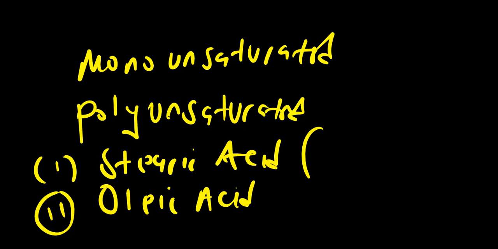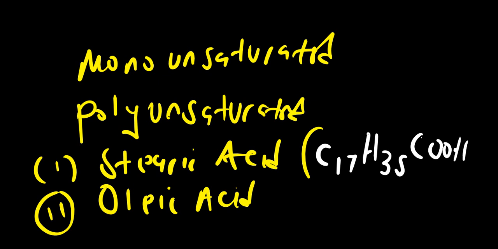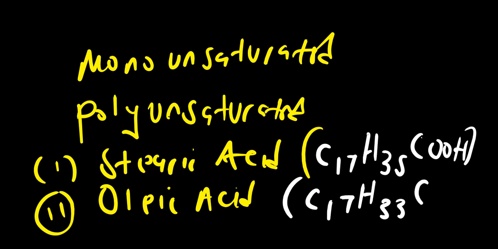The formula for stearic acid is C17H35COOH. You're not supposed to master this formula, but you can just know that it comes from the general structure of these fatty acids.